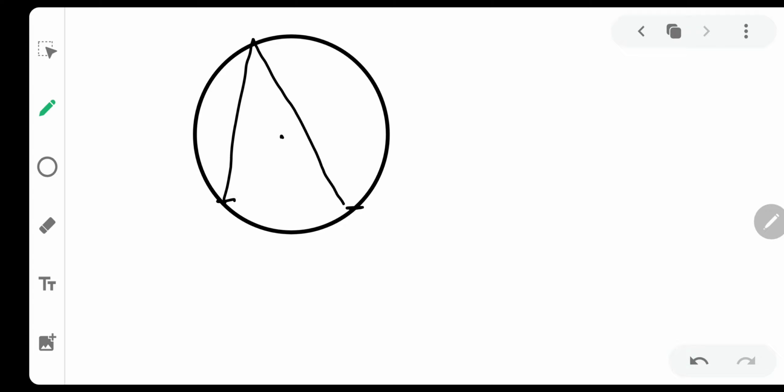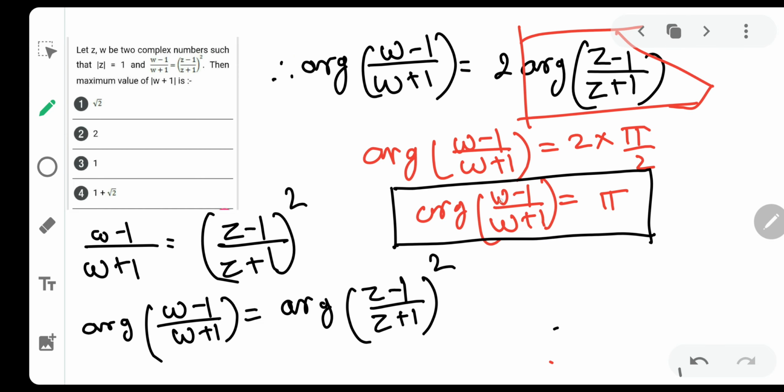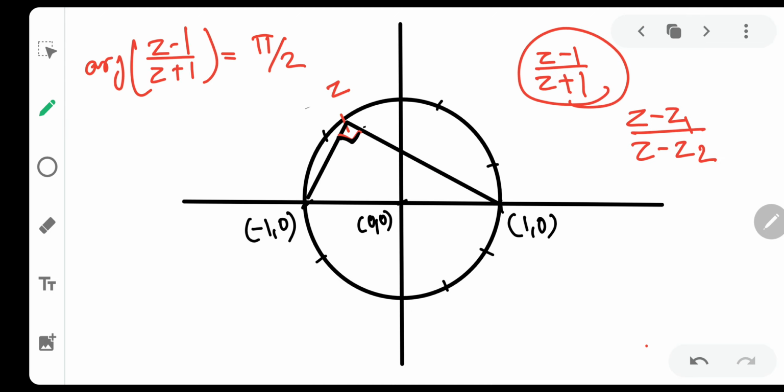If we join these 2 points with the circumference point and with the center of the circle, then whatever the angle over here is, suppose this is theta, then the central angle will be 2 theta. Now over here this angle is 90, and what we have is that the argument of (omega − 1)/(omega + 1) is 180. So where is it possible? Obviously omega should be on this line segment, so that the argument of (omega − 1)/(omega + 1) comes out to be 180. That is how you can get that.